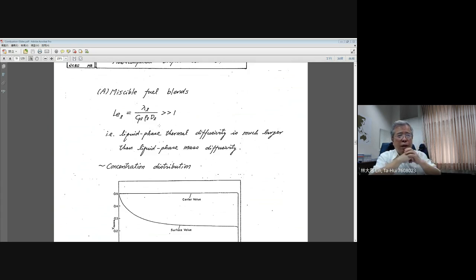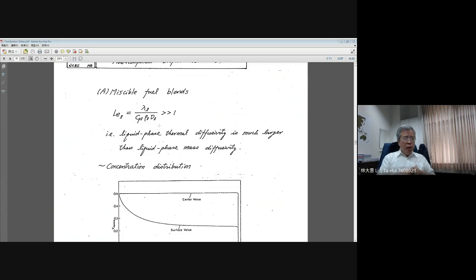But for a liquid, mass diffusion is actually very difficult compared with thermal diffusion. Therefore, the Lewis number is much larger than 1. Much larger than 1 means the mass diffusivity in the denominator is very small compared with the thermal diffusivity in the numerator. Okay, then the value of the Lewis number in liquids is much larger than 1.